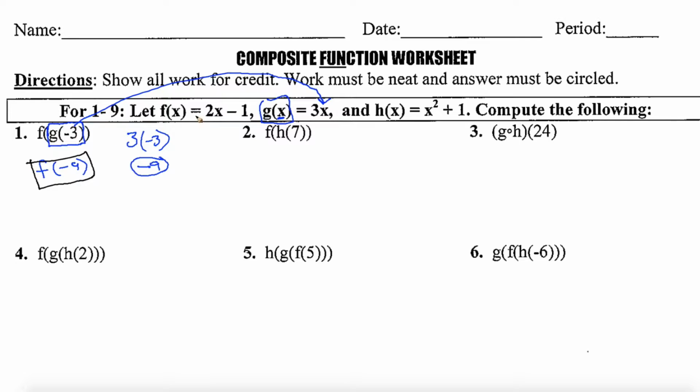So I'm going to go to the f function and plug in a -9, giving me 2 times -9 minus 1. What's 2 times -9? That would be -18 minus 1. -18 minus 1 is -19, and that's the answer. Make sure to circle your answers.